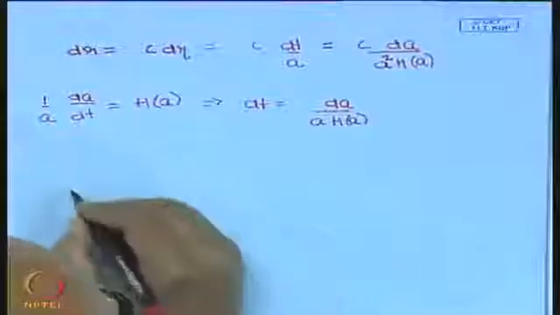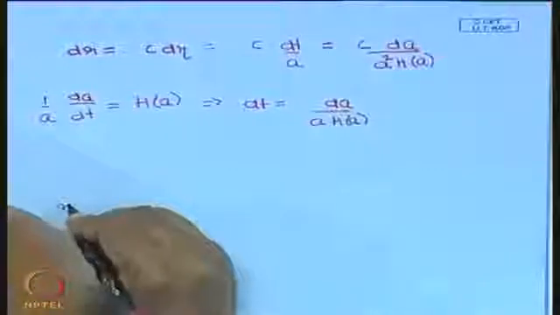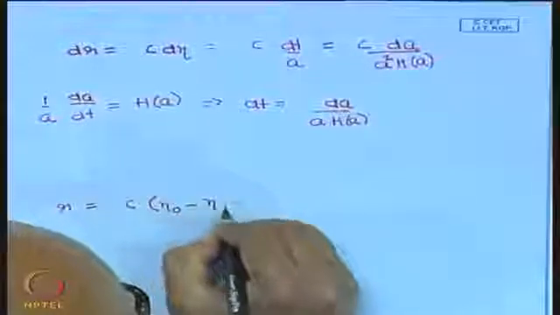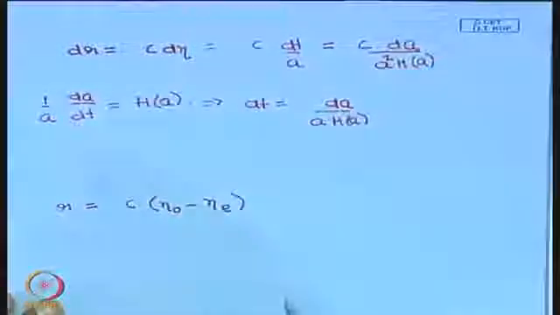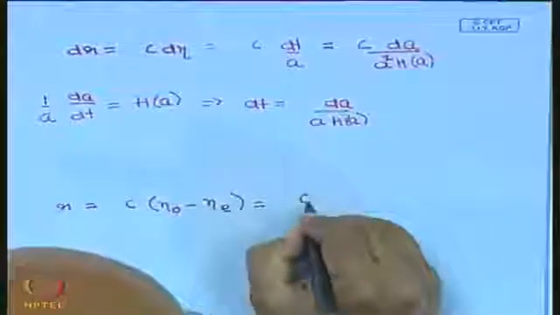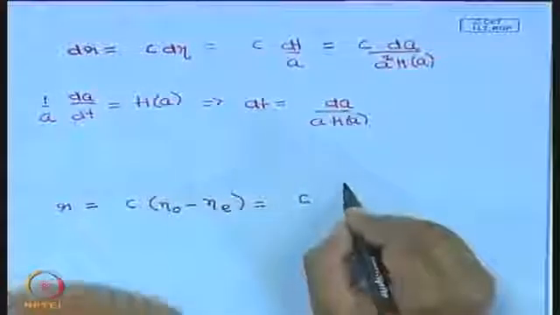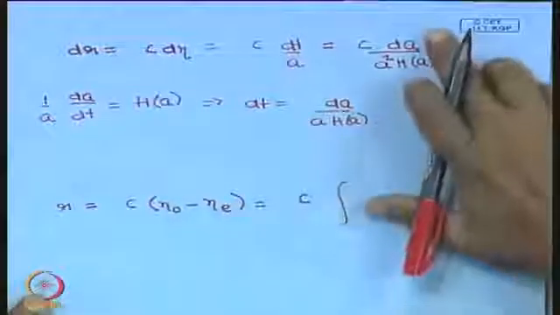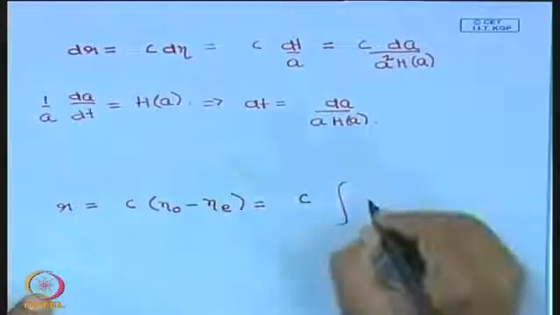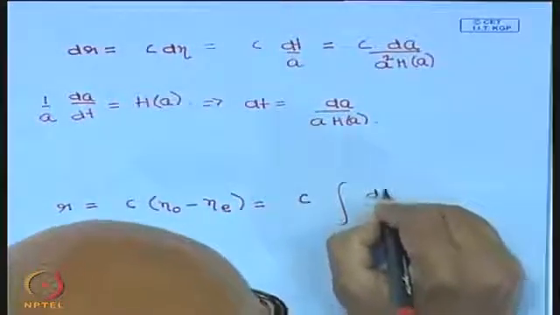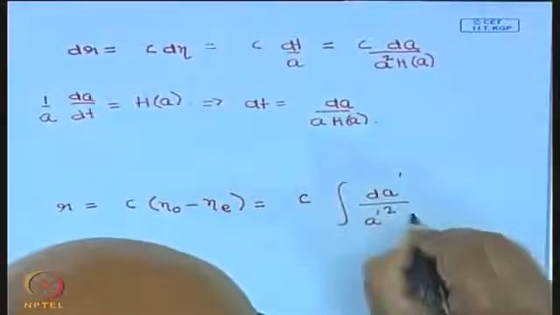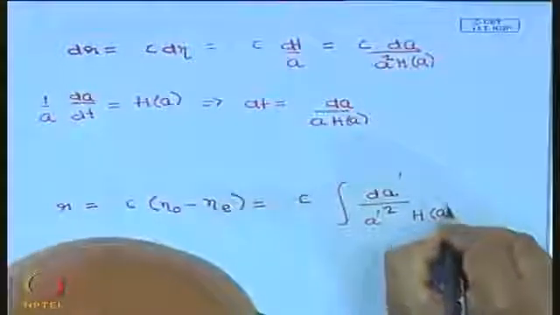This integral will give us r equal to c eta observed minus c eta emitted, equal to c, let me keep the factor of c, times the integral of da prime by a prime squared h of a prime.